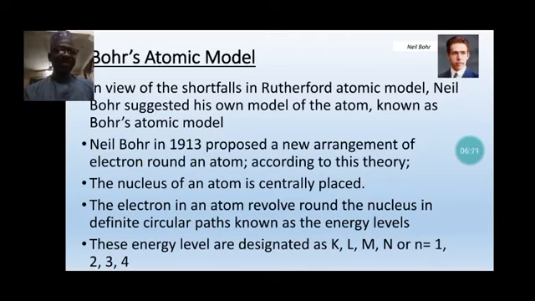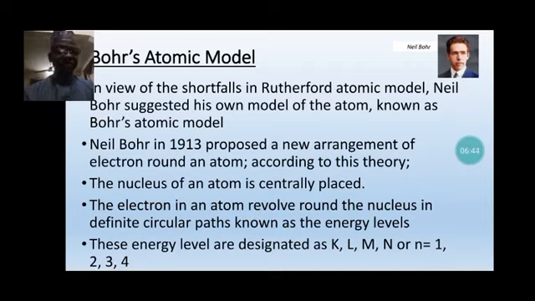Thereafter, another contribution made is that of Niels Bohr, as shown in this video. Rutherford had his own shortfalls, and Niels Bohr came up and suggested his own model of the atom just to take care of the shortfalls of Rutherford.